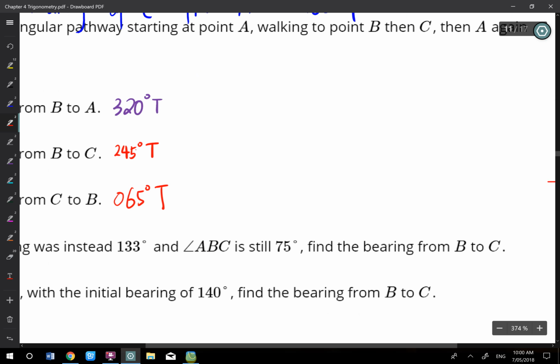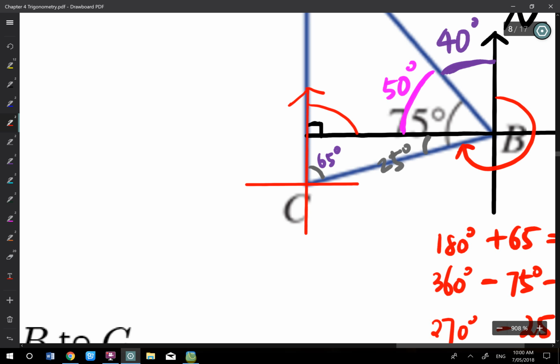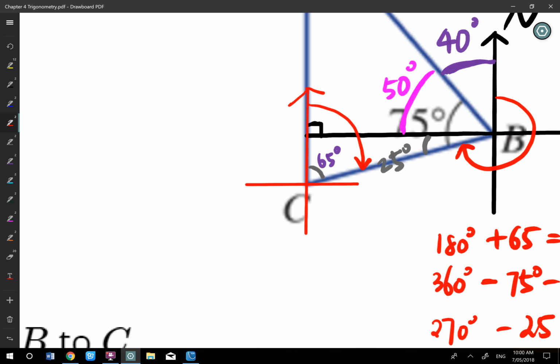So from C to B is from the nose to this point. So it's 65 degrees, the angle we calculated already. That's why I said label all the angles you know first, and then it's easy to see what they require later.